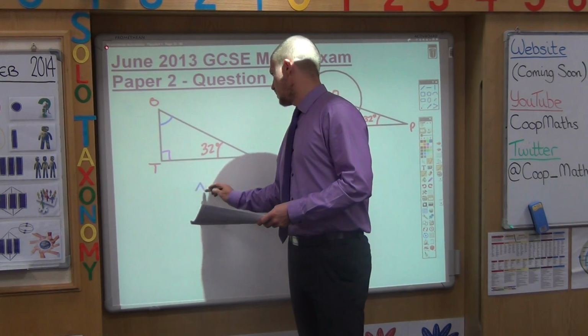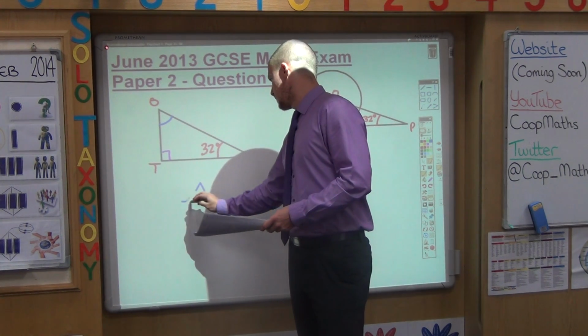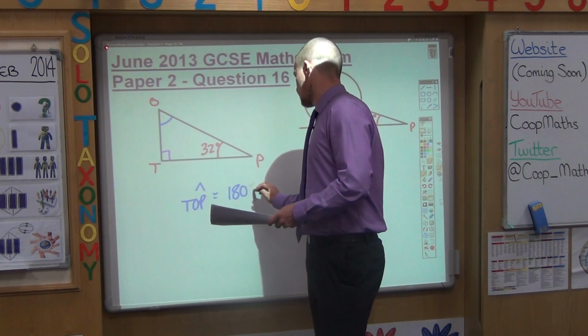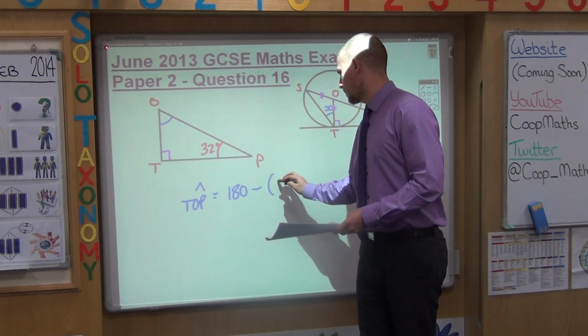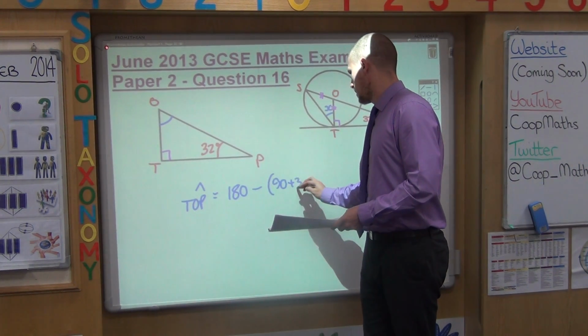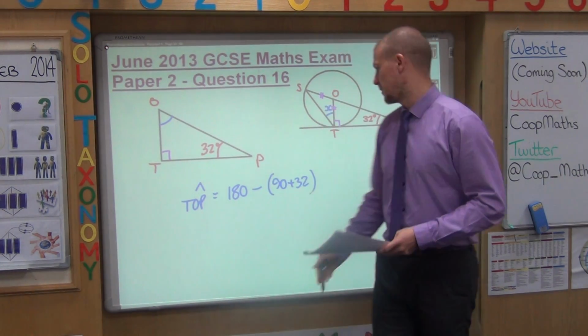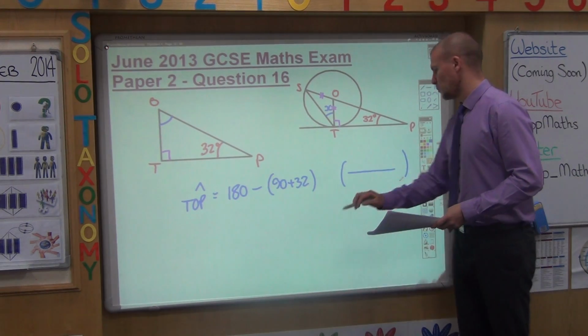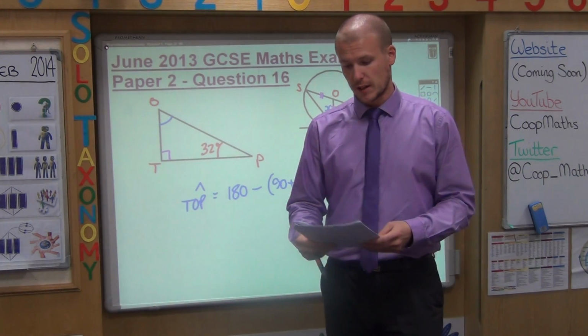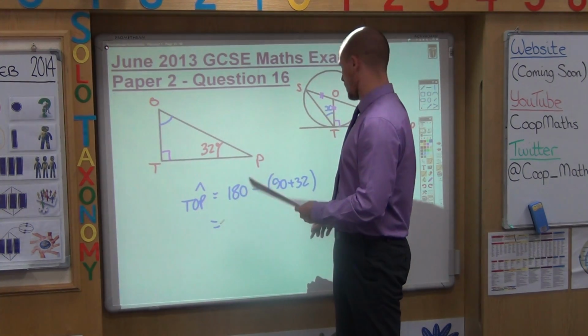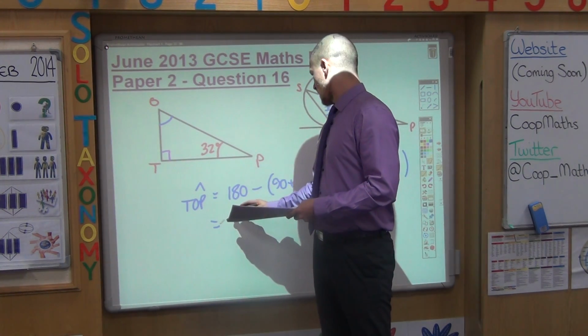So angle TOP is equal to 180 subtract 32 and 90 together. And the reason we can do that is because all angles in a triangle add up to 180. So afterwards, we would write there, all angles in a triangle add up to 180. Then you get your answer from that, which is 58.